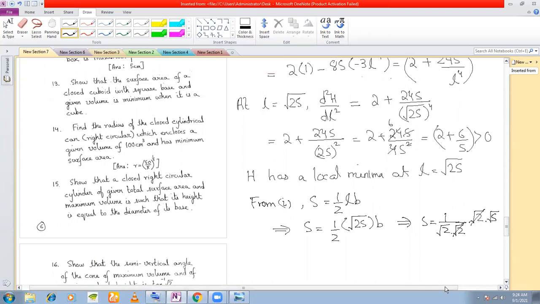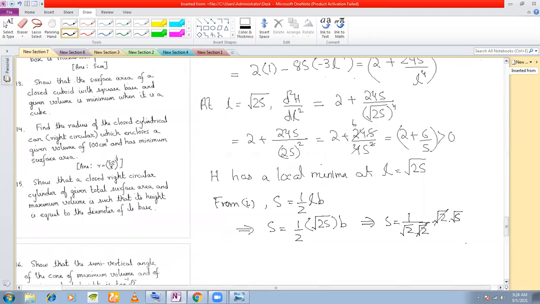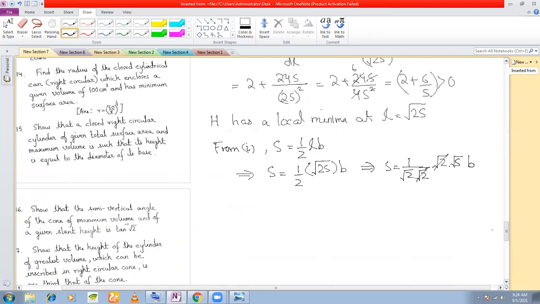This is B, the B here. Okay. So that means you get S is equal to root S into B divided by root 2.